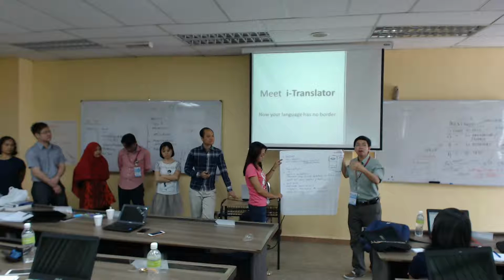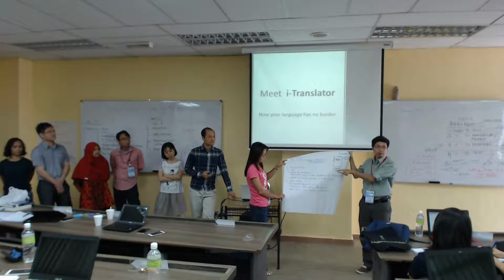Just speak normally, put the eye translator here and speak. The next step, the eye translator uses our database to translate the speech. Then the eye translator will speak out the translation through the speaker, and the local people can understand what we are saying.